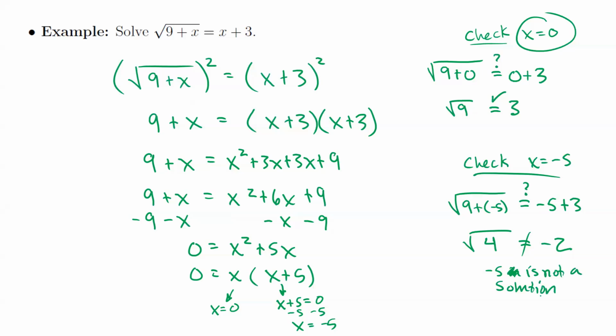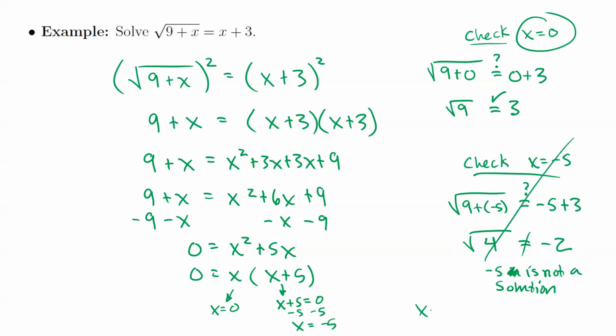We saw this kind of thing happening when we worked with rational equations, when we had these candidates as solutions that ended up making us divide by 0. Well, here we're getting this candidate of x equals negative 5, but it's making it so that the left side doesn't actually equal the right side. Okay, so that's gone.